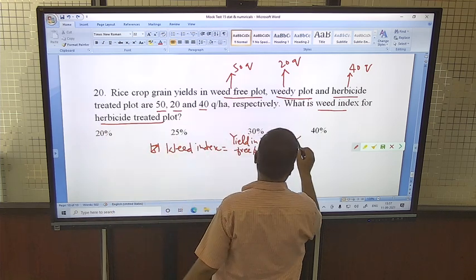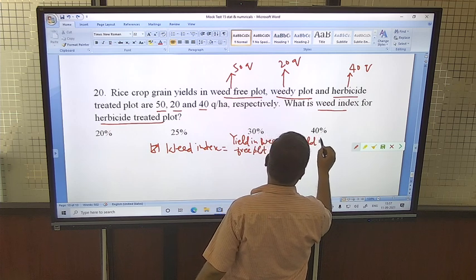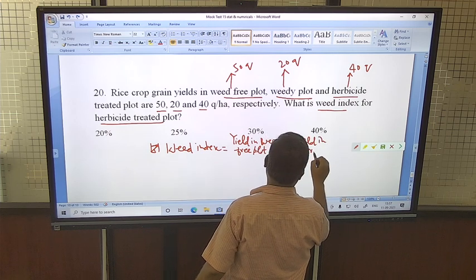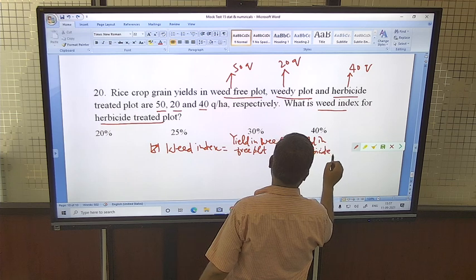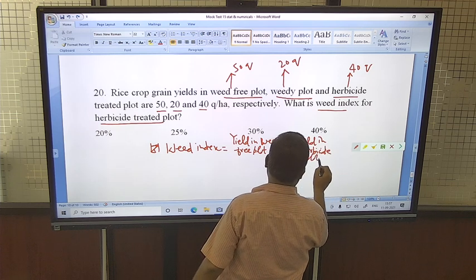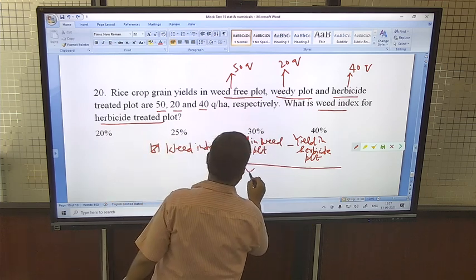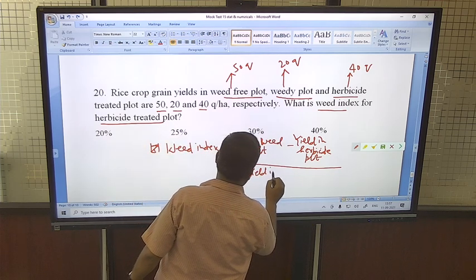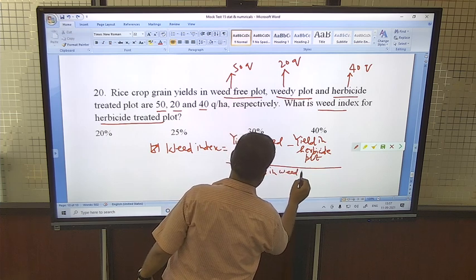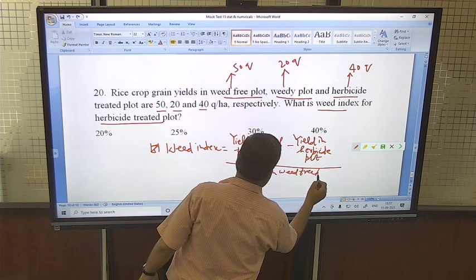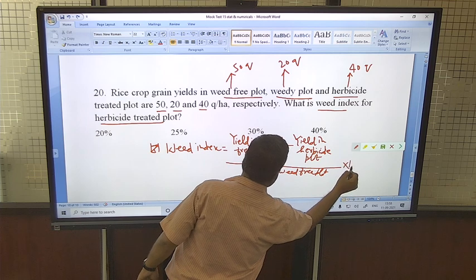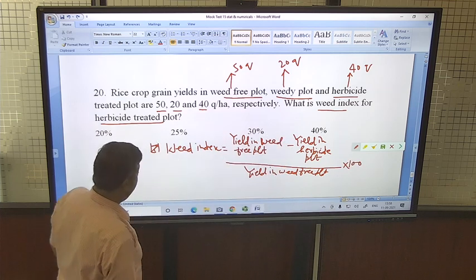But here the question is asked about the herbicide treated plot, so we will write yield in herbicide treated plot. This whole is divided by yield in weed free plot, then the whole is multiplied by 100 to convert it into percentage.